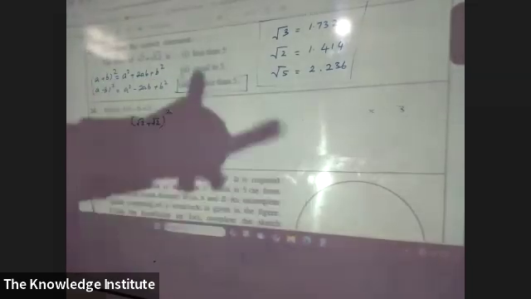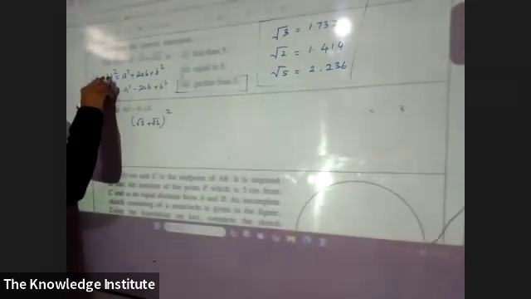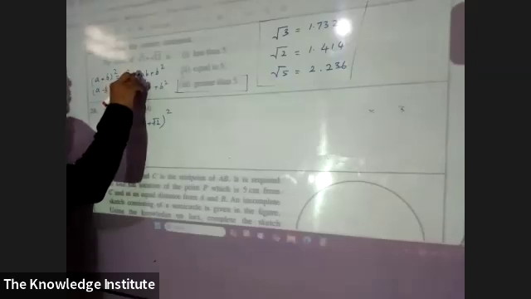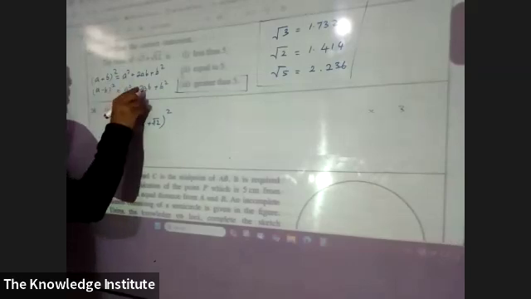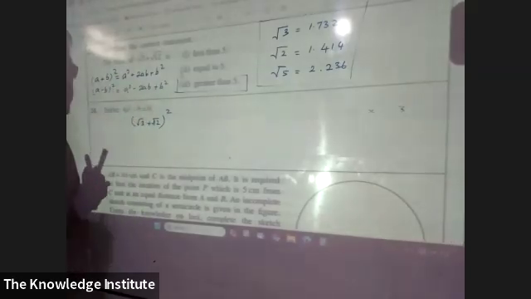The only difference is the plus and minus. So if it's plus here, it will be plus here. If it's minus here, it will be minus, right?